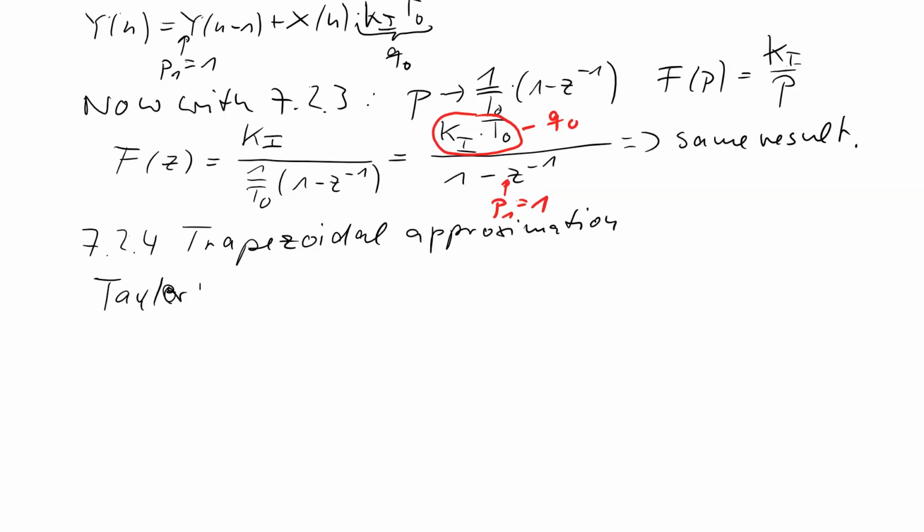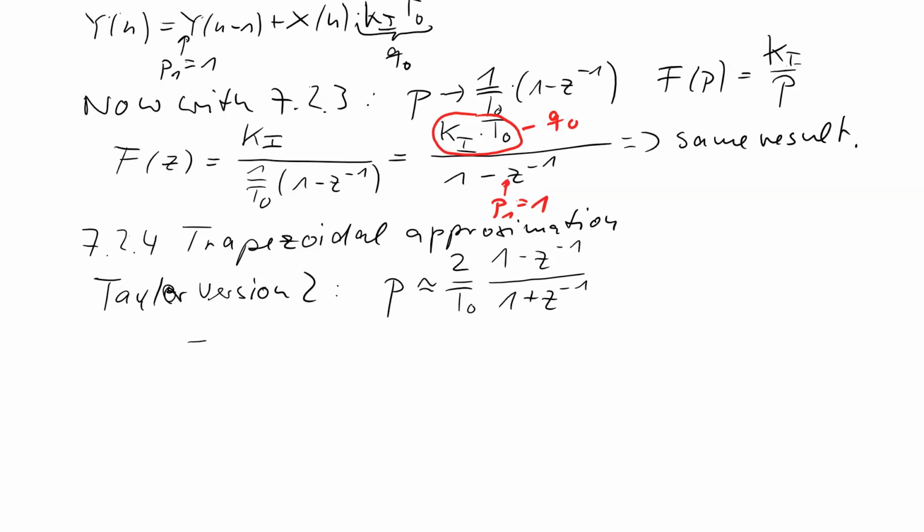Taylor version 2 delivers P replaced with 2 divided by sampling time. The numerator is the same, negative sign, numerator is the same, 1 minus z to the power of minus 1, and the denominator carries now 1 plus z to the power of minus 1.